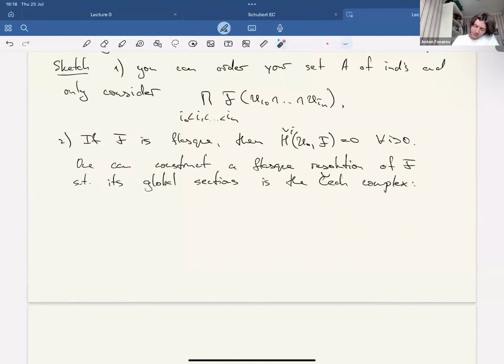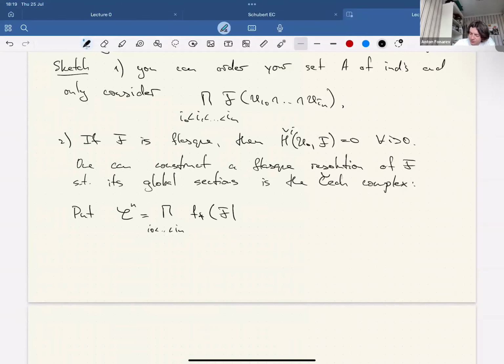Put C curly I to be the product over all I naught, ..., I n, and here you have the push forward, the inclusion if you wish, of F restricted to U I naught intersected with U I n.